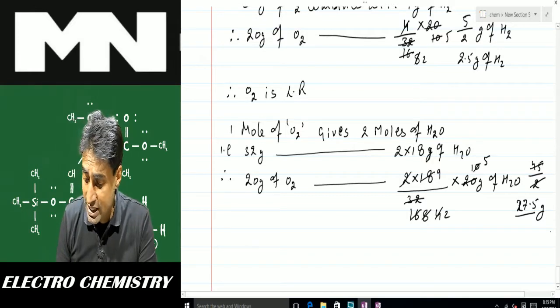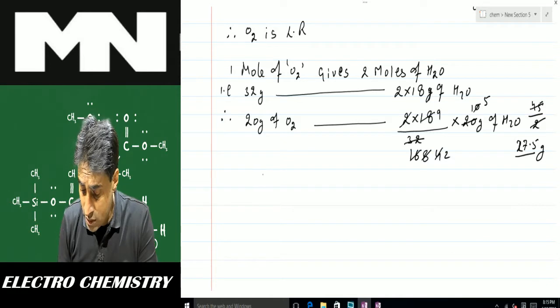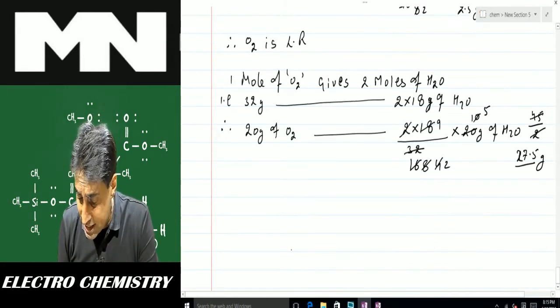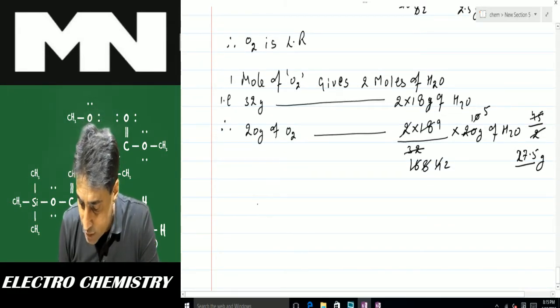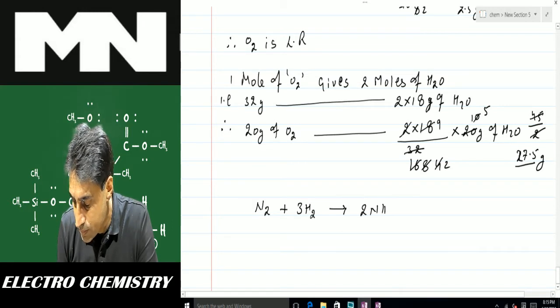Now I am giving you one example which is there in your textbook. In that, an in-text problem is given to you and the equation in that is N2 plus 3H2 gives you 2NH3.